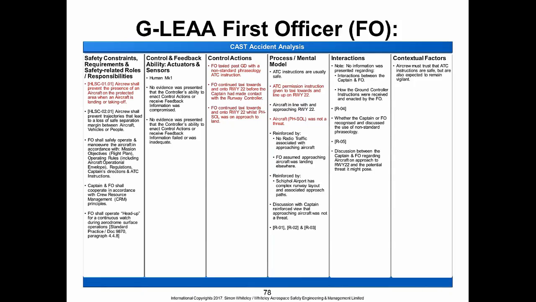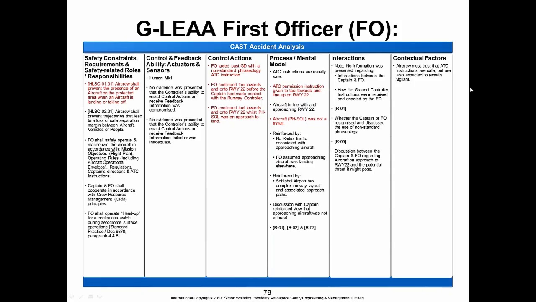In either of those 2 scenarios, the issues that were at hand and how to resolve them are subtly different. Then there's no information about whether the captain or first officer recognised and discussed the use of non-standard phraseology, or whether there was discussion between them both regarding the aircraft on approach and the potential threat it might pose. So obviously they talked about it, but we don't really know why they decided to do what they did without contacting, in this case, the runway controller.